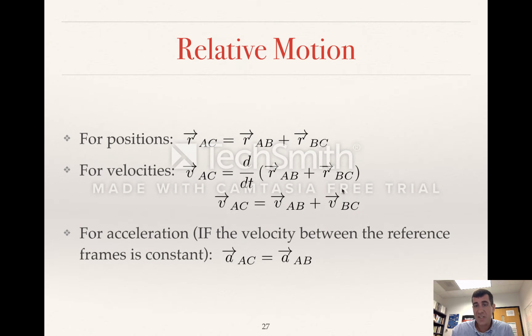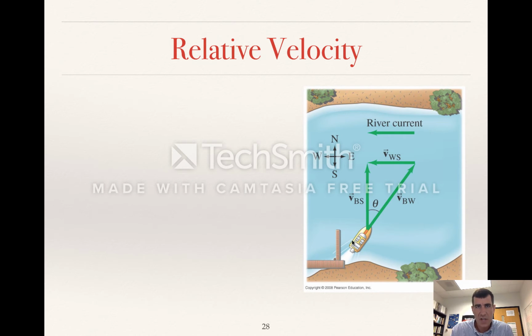But if VBC is constant, its time derivative is 0. So if the velocity between these two reference frames is constant, then the acceleration of A with respect to reference frame C is going to be equal to the acceleration of A with respect to reference frame B. This is actually a special case of something called an inertial reference frame, which is going to become important once we start to talk about Newton's laws.